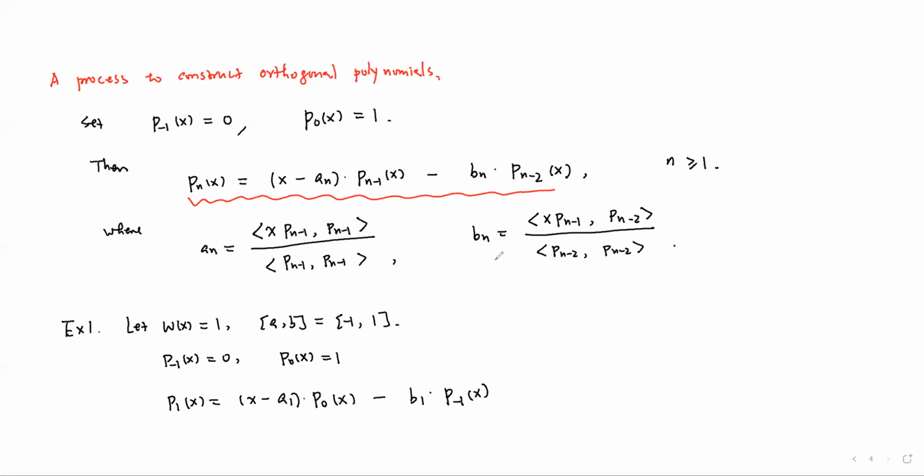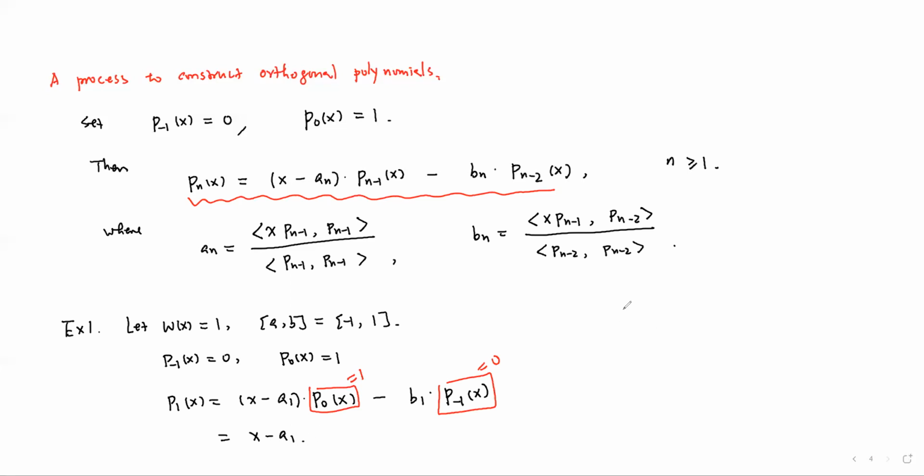But by assumption, this one is 0 and this one is 1. So therefore P1 is just x minus A1.